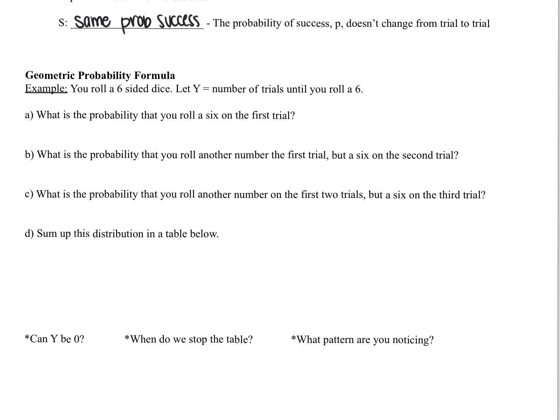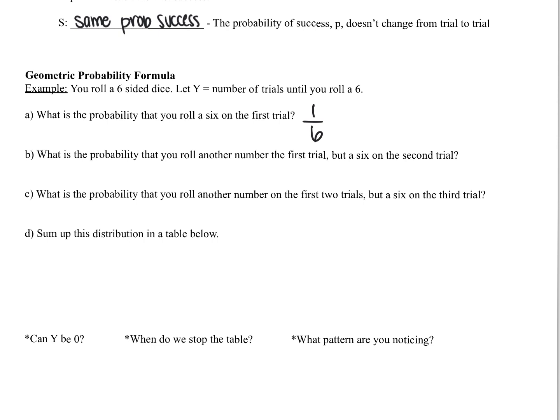What's the probability that you roll a 6 on the first trial? Well, considering in a die there is only one outcome that's a 6, I have a 1 in 6 chance of it happening on the first roll. Now let's take a look at the probability that you roll another number on the first trial, but a 6 on the second trial.